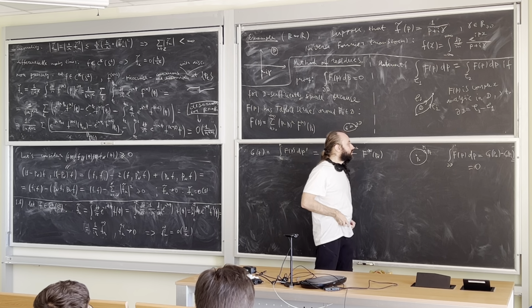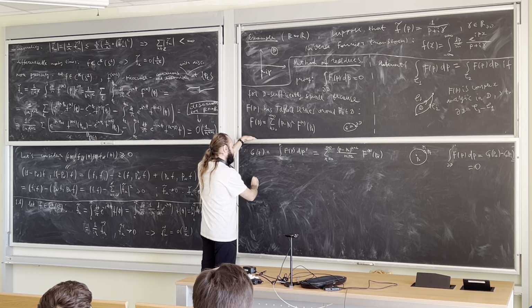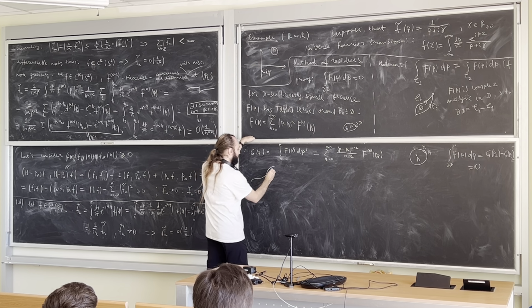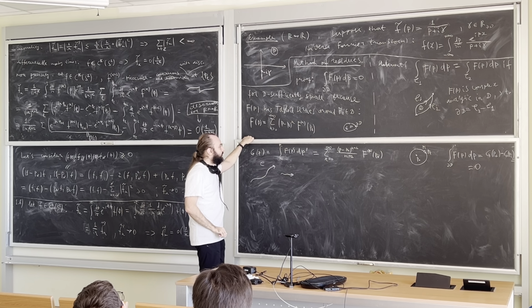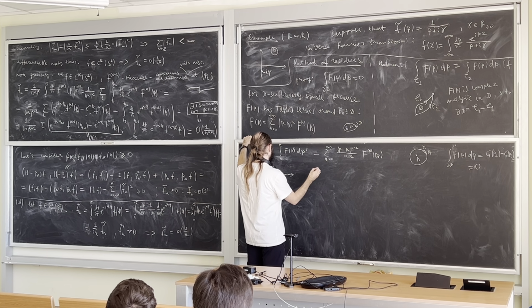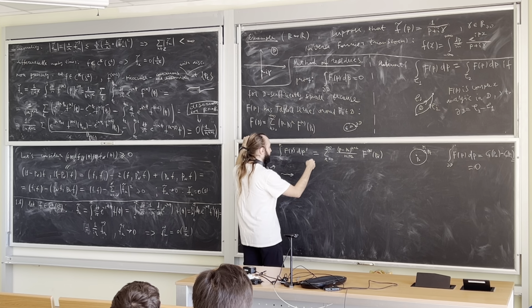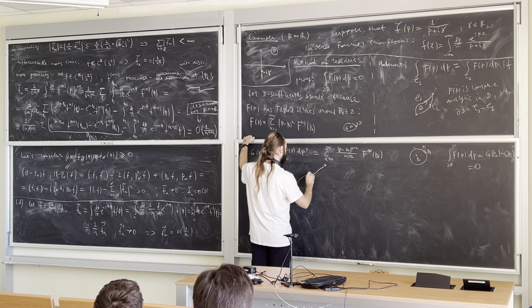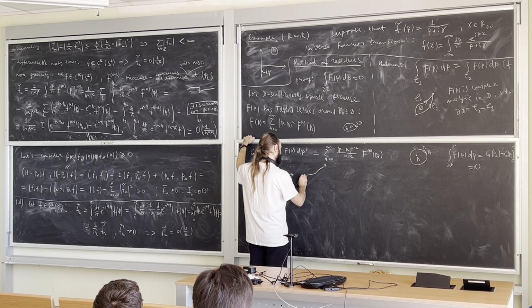So in this way, we can take any contour C and perform a small modification of it. We can change it by the boundary of some domain D. So we can draw the same contour slightly modified.